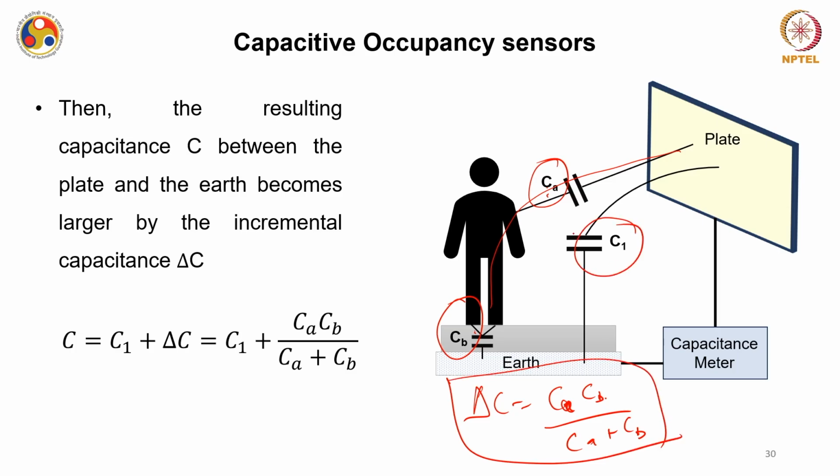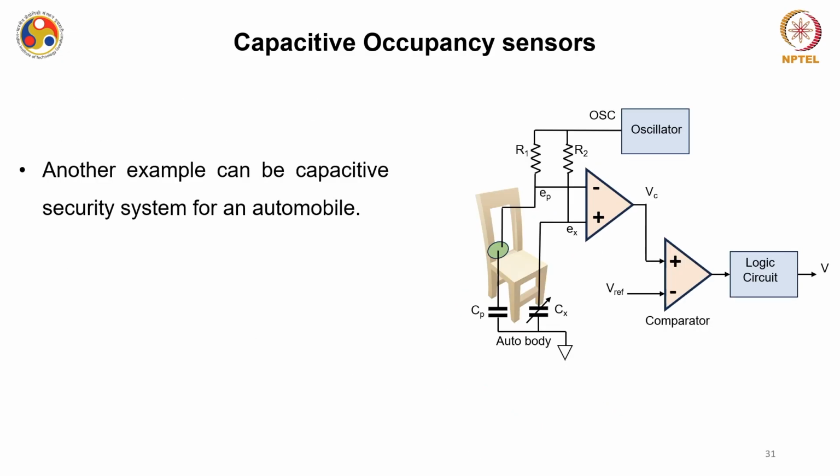Initially the capacitance was C1. Because of this person, it has increased by delta C, and the total capacitance is now C1 plus Ca Cb by Ca plus Cb.